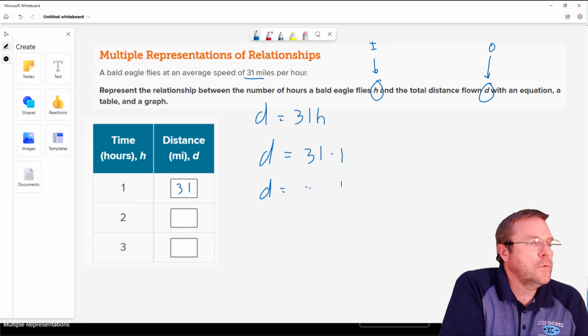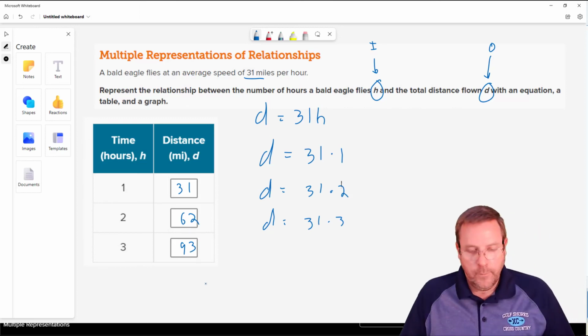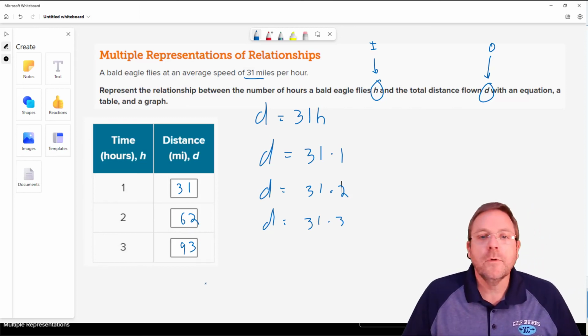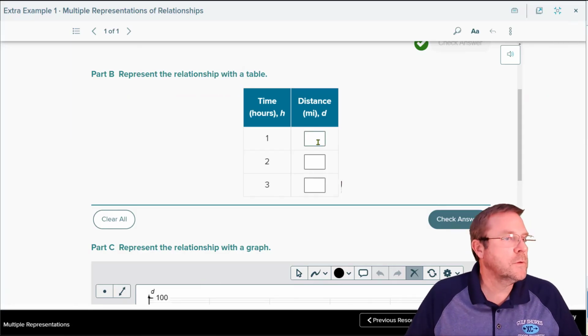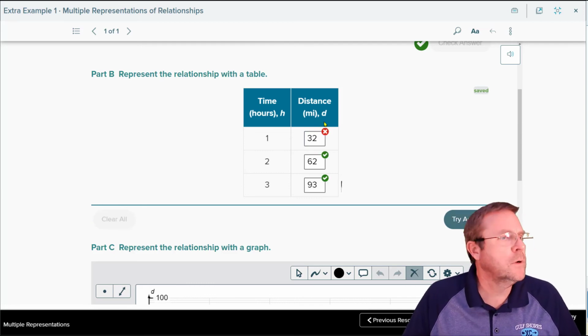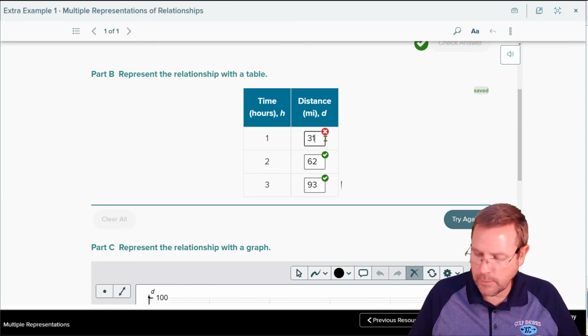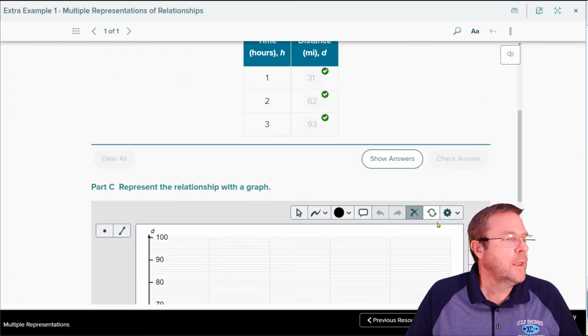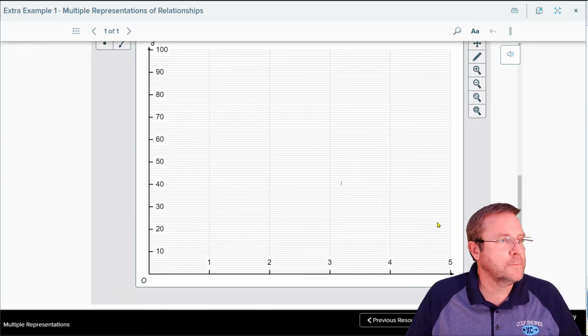D is equal to 31 times 2, which is 62, and D is equal to 31 times 3, which is going to be 93. From here I can jump back over to our textbook page, 31, 62, 93. Check those answers. Oh, I typed in the wrong thing, didn't I? Try that again, 31. And now all that's left is to graph it.